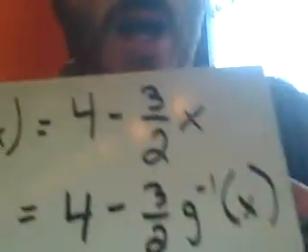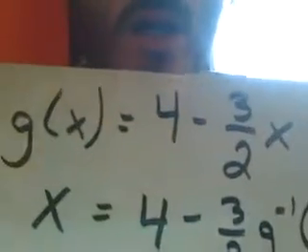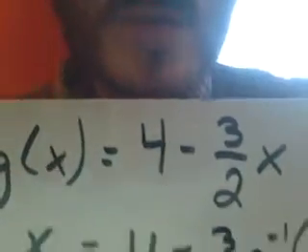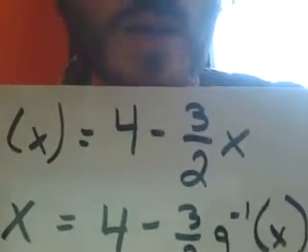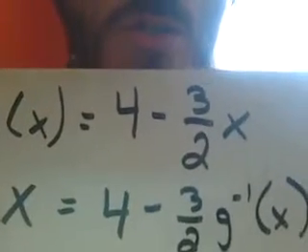And the x variable would become g inverse of x, because now we're looking at an inverse. So this is what you should have. Notice all I have done is I've switched the variables. G of x is now x, and x is now g inverse of x.